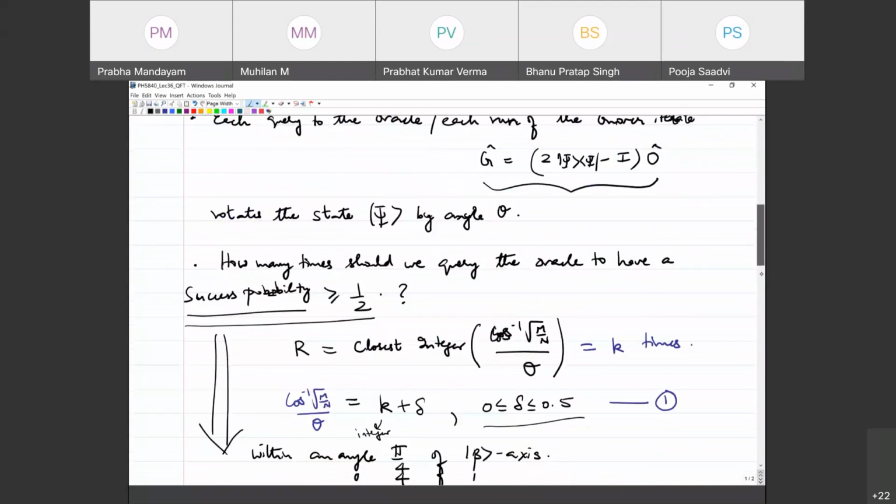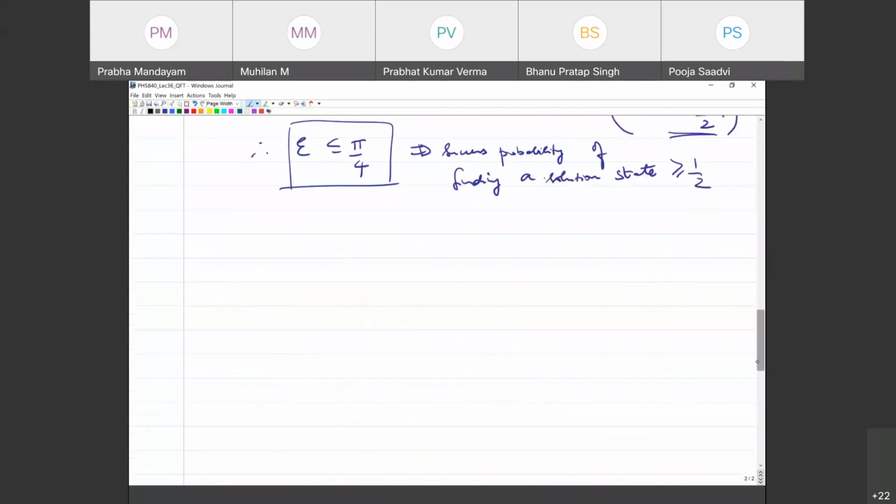The final thing is, what is a bound on the query complexity? Which means what is an upper bound on this k? Remember that this is the closest integer, often denoted with square brackets.